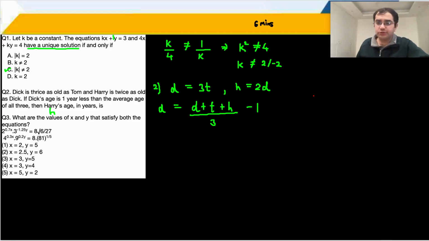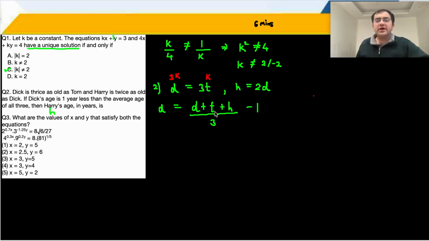Another easy way to do this is that you can take up some values. For example, if you put the value of T as K, then D becomes 3K.